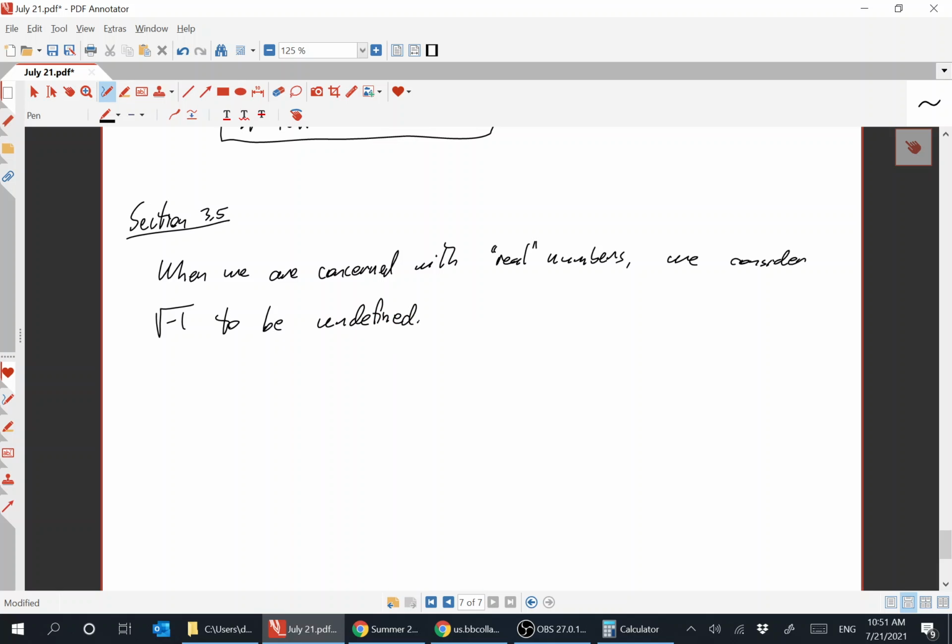However, if you allow it to be a number, or in some context in which we allow it, we call the square root of -1 I.